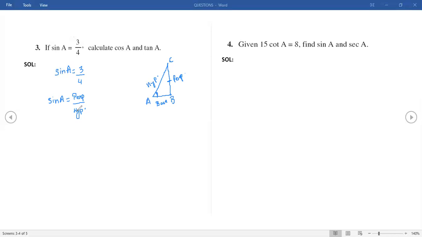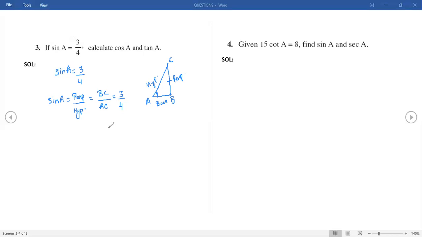So coming back to this, sin A, as I told, is equal to perpendicular by hypotenuse. Perpendicular here is BC and hypotenuse here is AC, which we are given in the question as 3 by 4. So now you need to understand that the ratio of BC by AC is 3 by 4.